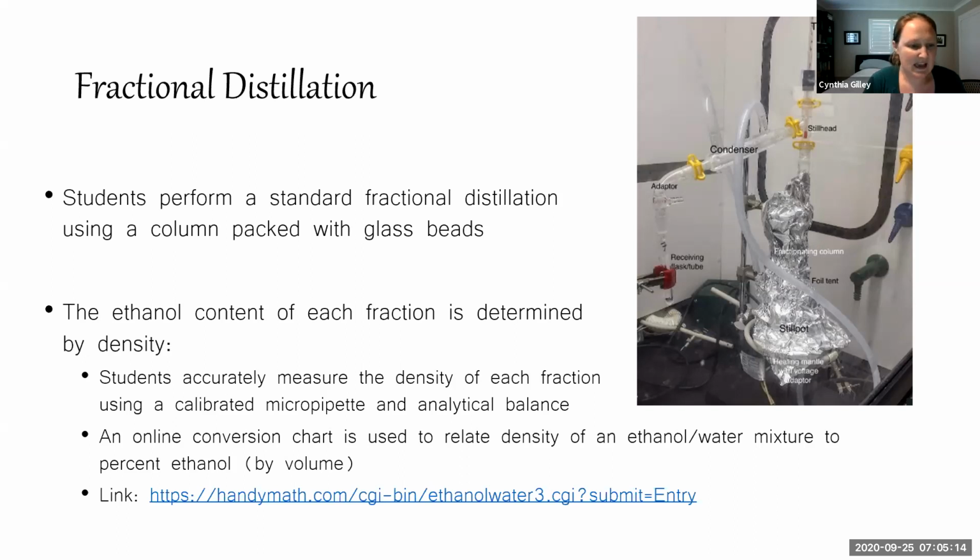Once they have a density for all of the fractions they collected, they go to an online conversion chart that will convert the density of an ethanol water mixture to percent ethanol by volume. I've inserted a link here to the online conversion chart you can use when you're processing the data in the experiment.